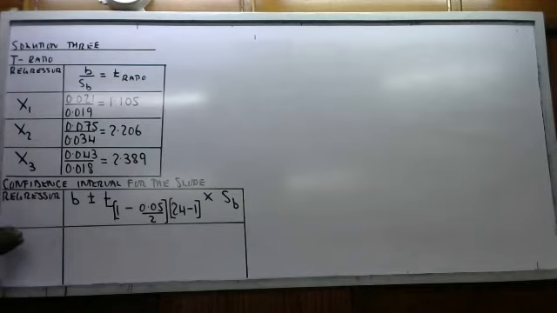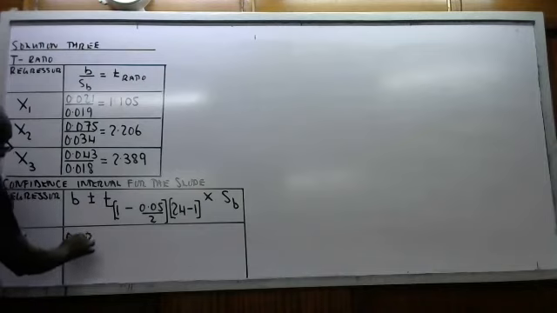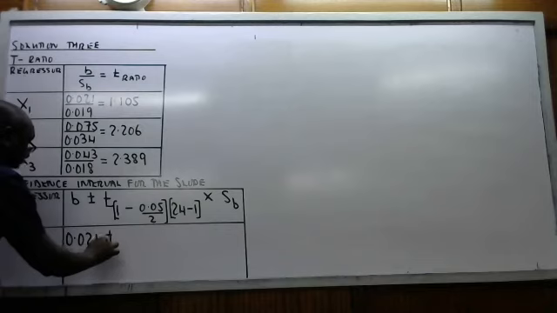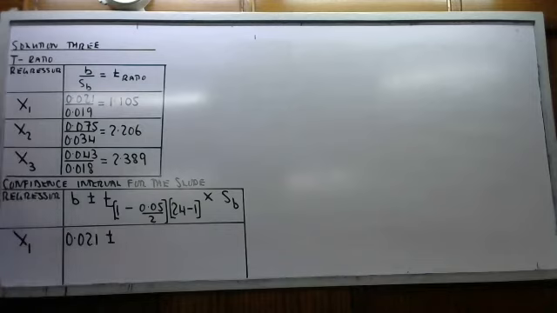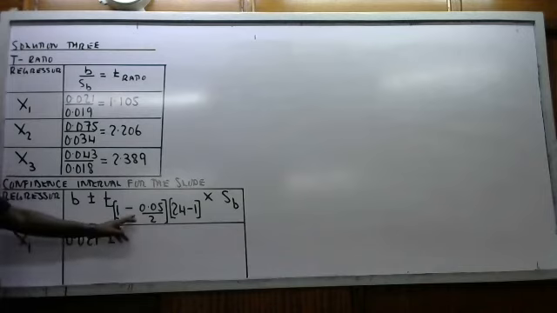Now let's start with X1. For X1, the slope is 0.021, plus or minus. Now go to the tables. Read the students' T tables. This is the 2-tailed table.